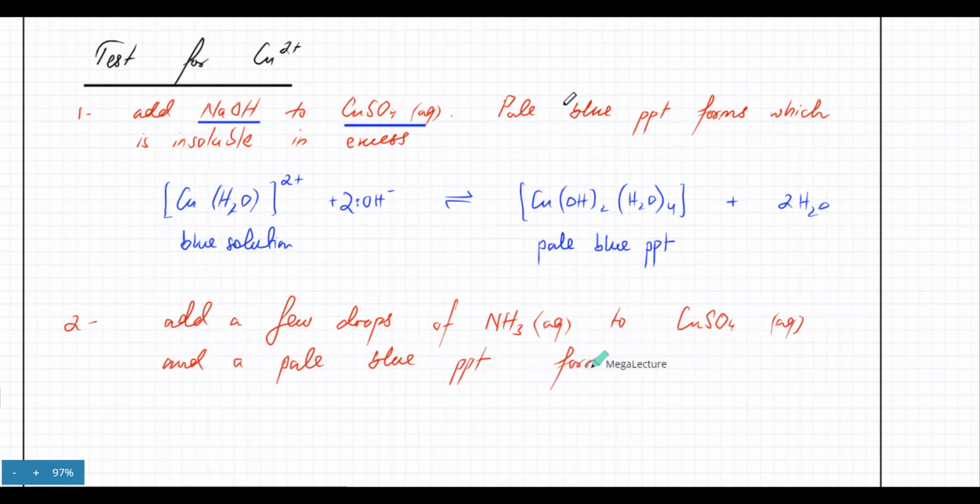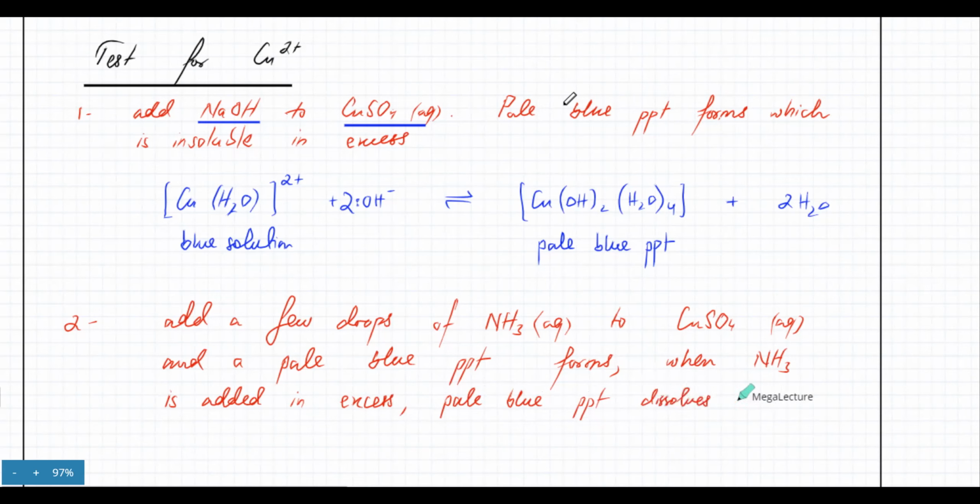But then, when NH3 is added in excess, the pale blue precipitate dissolves and gives a deep blue solution.